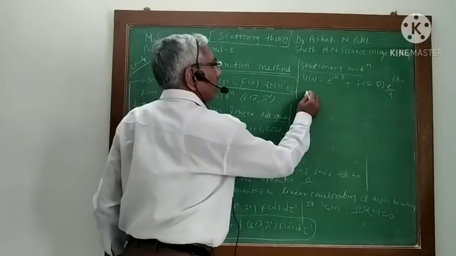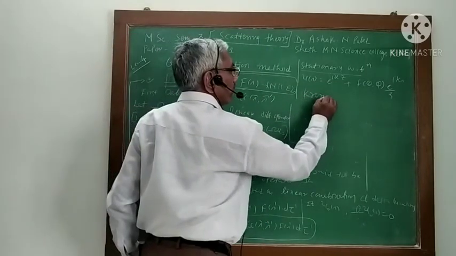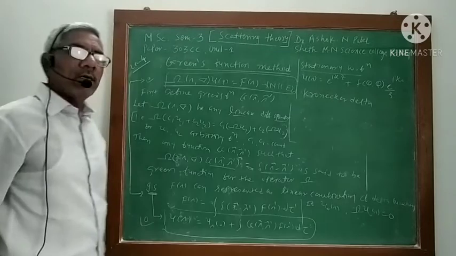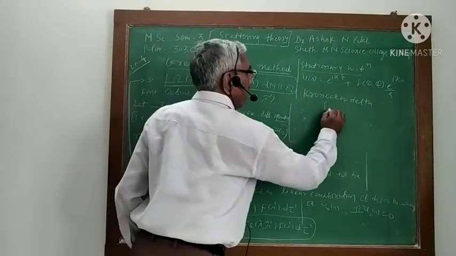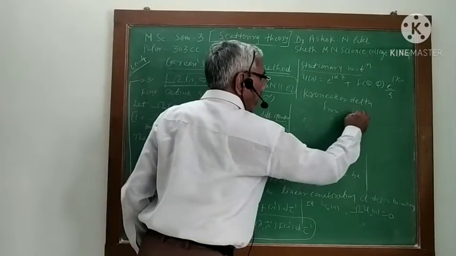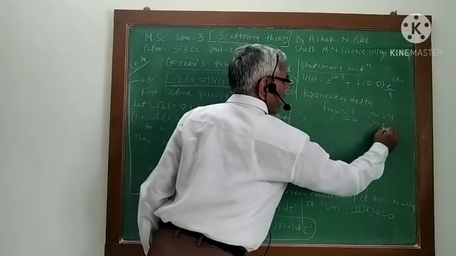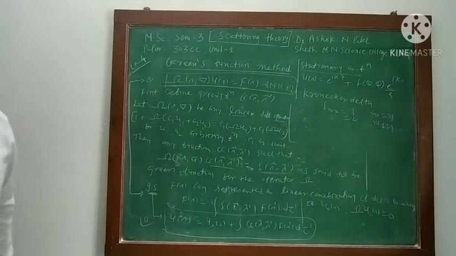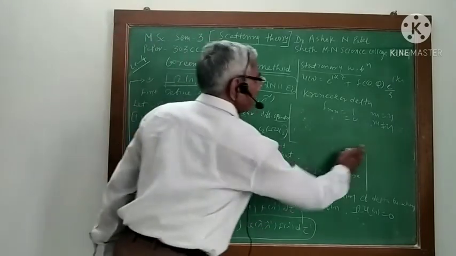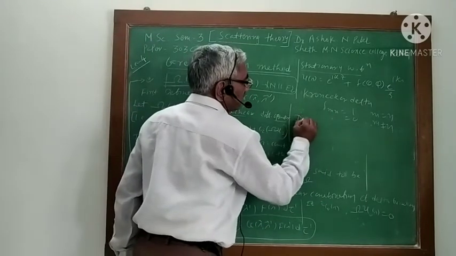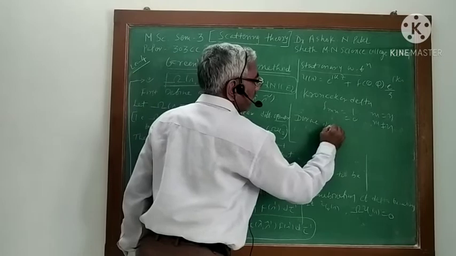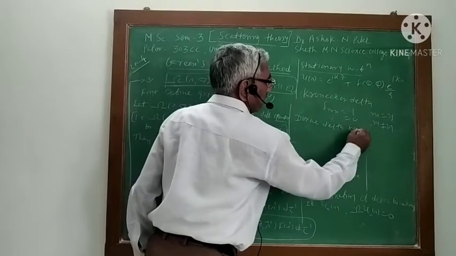You have heard of the canonical delta, that is delta mn equal to 1 for m equal to n and equal to 0 for m not equal to n, isn't it? Okay.